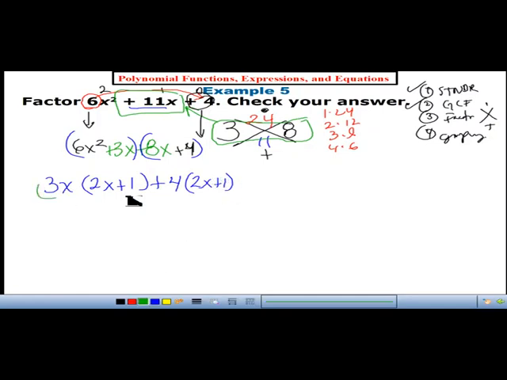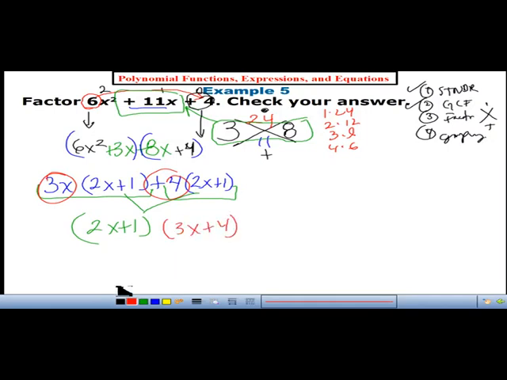So what's the same here and here? 2x plus 1. Yep. And what's left over? Yes. We got 3x plus 4. And these are my factors.